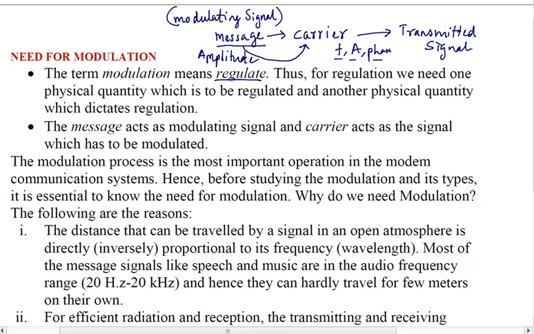So based on that, when we do this modulation or regulating, we get the transmitted signal. So the message is also called the modulating signal, whereas the carrier is called the modulated signal, because that is the signal that is regulated or modulated.